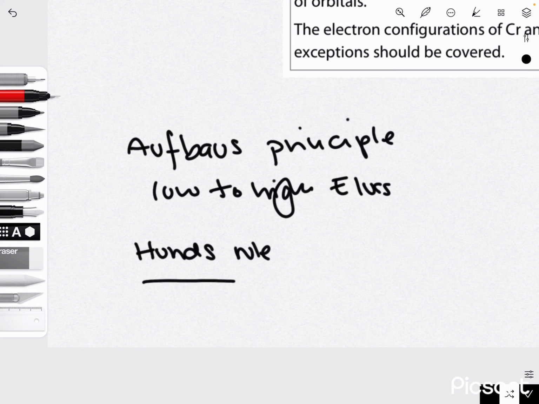So what this would look like, for example, if you're looking at a 3d orbital, is that you will fill out 3d like this. Each arrow represents an electron.